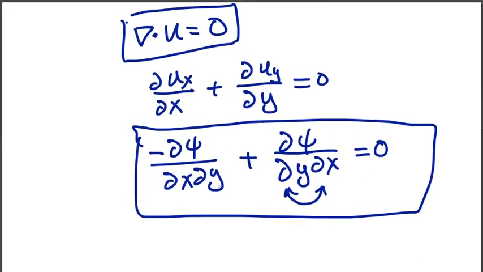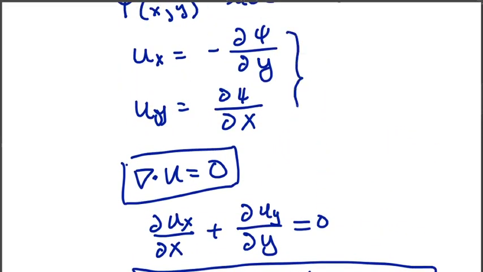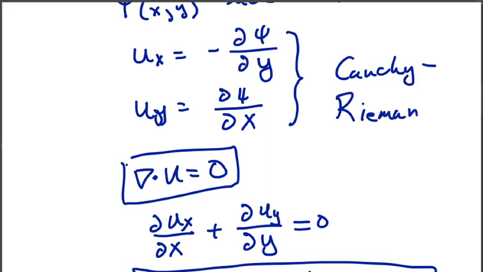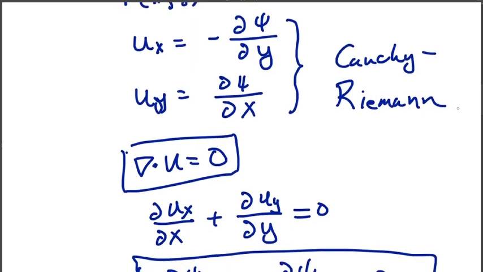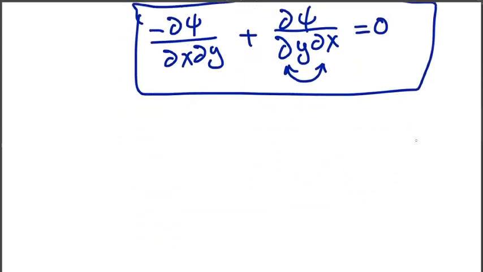Lastly, this set of relationships here, these are related to the Cauchy-Riemann conditions tied to the analyticity of a function. So that's Cauchy-Riemann with two n's. And the Cauchy-Riemann conditions for the analyticity of a function look something like this.